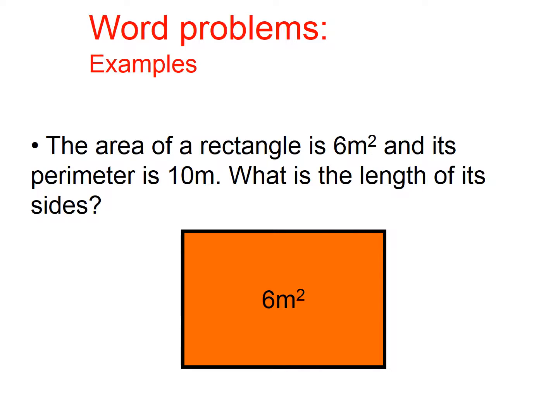Would it be L minus 5 and L minus 1? Because we've got a plus here, when we times them together, they're going to be positive, so we know that the signs are going to be the same. But when we add them together, it's going to be negative. So that tells us they're both going to be negative.